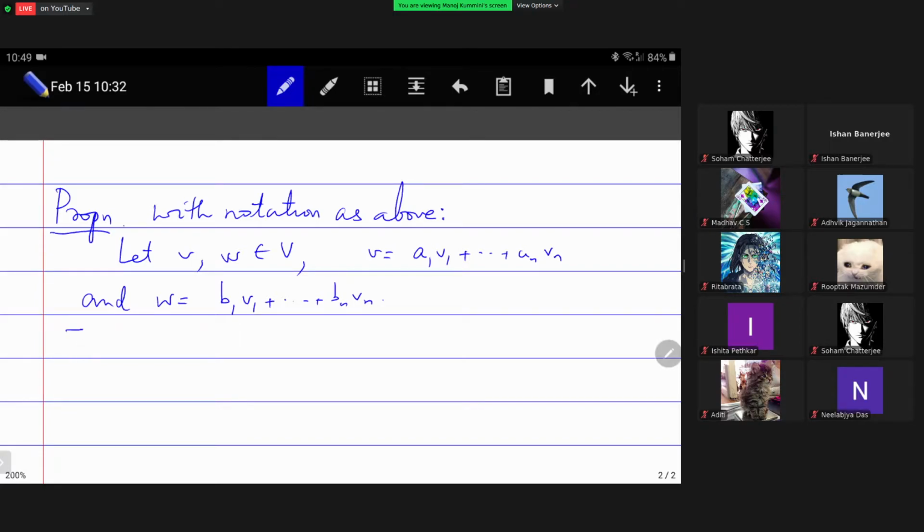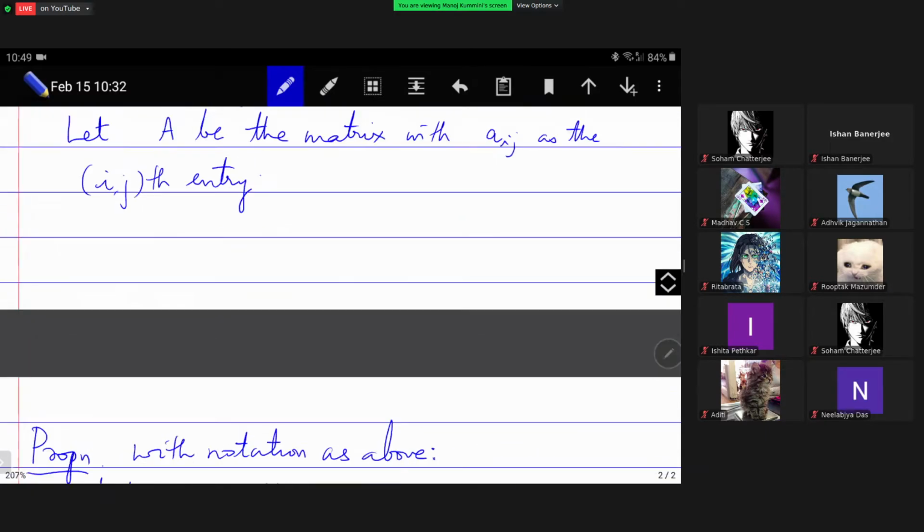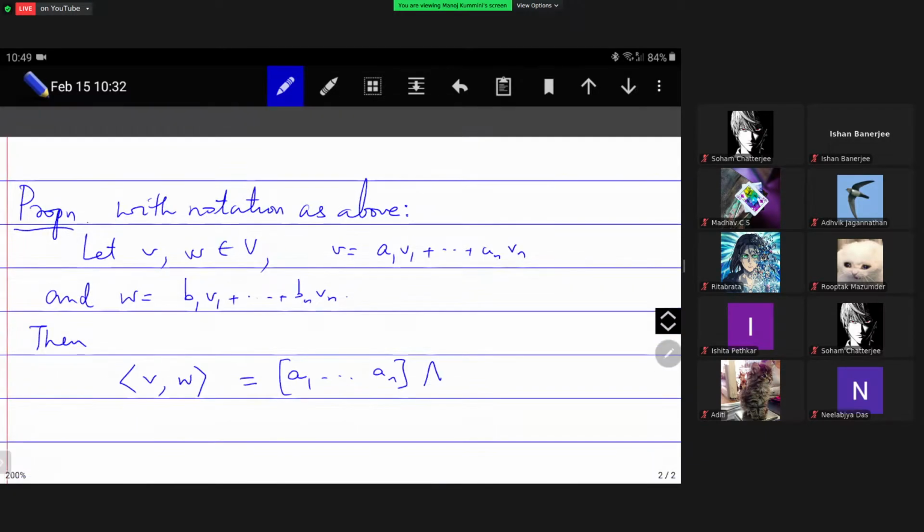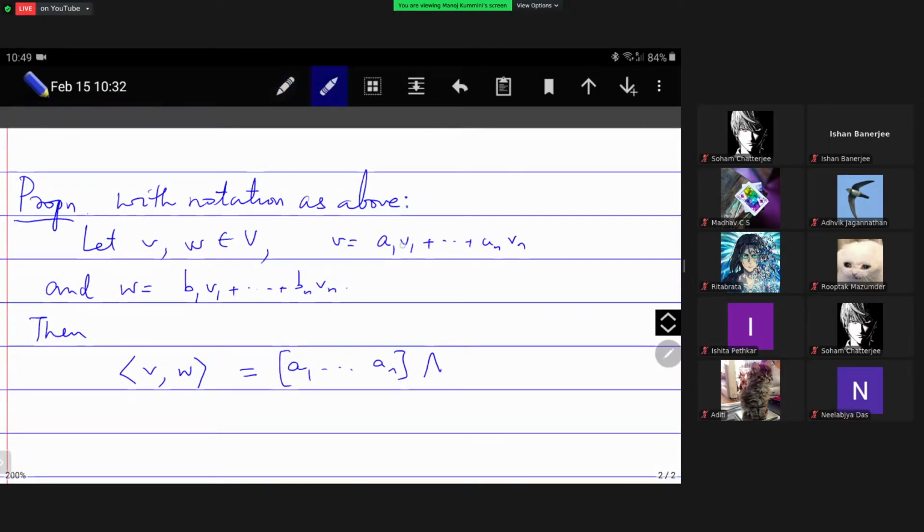Then the form of v and w is this matrix, a1 through an, times the matrix A, times b1 through bn. Sorry, maybe I should not have used a because I already used A to denote this matrix. Let me call these things alpha and beta.